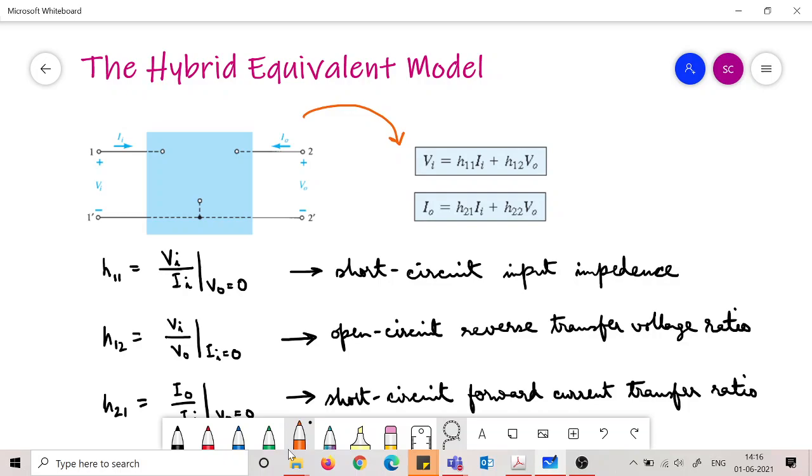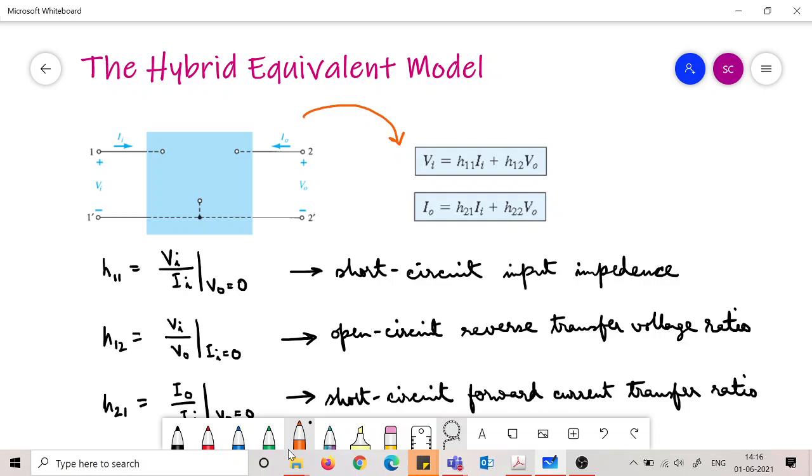We are trying to capture that behavior only with this equivalent model. Please remember this. When the BJT is working in the active region, then only we are able to utilize the linear behavior of that element, and that linear behavior is basically a behavior of amplification.